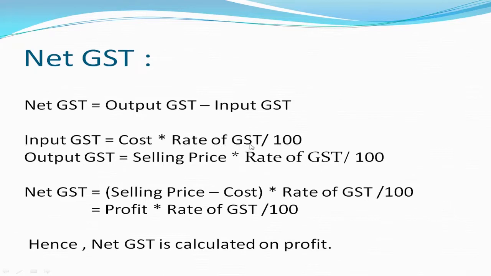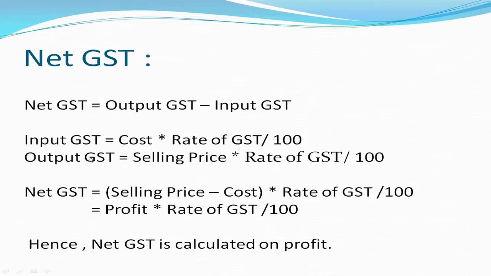The rate of GST is always in percent, right? And output GST, when we are selling, is the final selling price multiplied by the rate of GST divided by 100, right? And we know that net GST is output GST minus input GST, right?